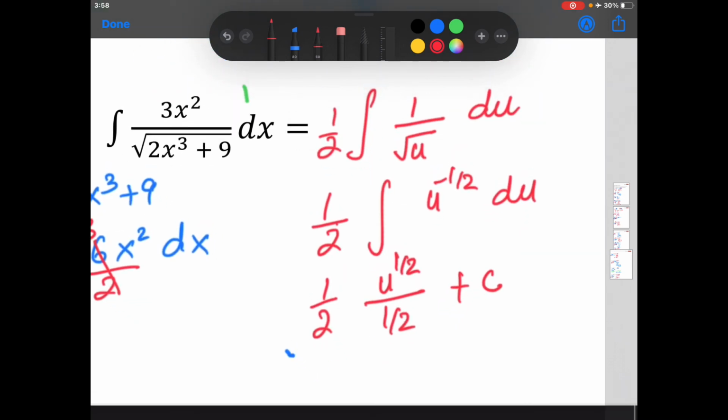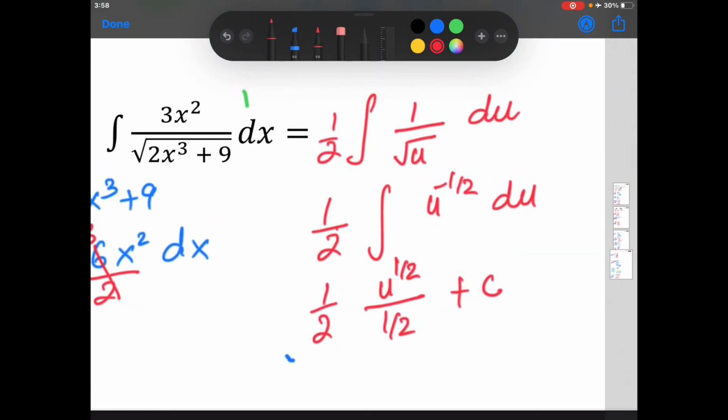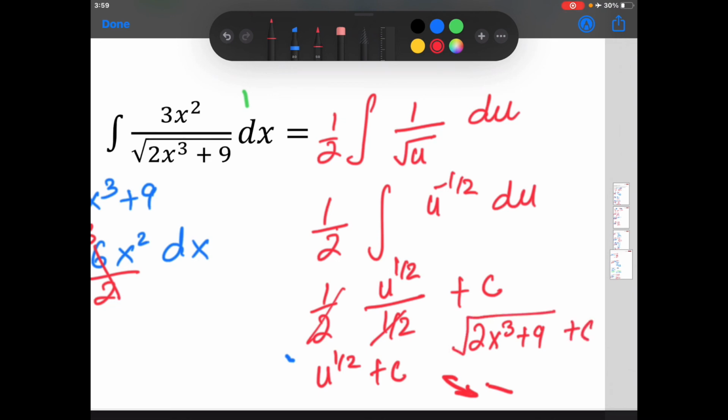Dividing by 1/2 is the same thing as multiplying by 2, so the 2's cancel out, and you're left with u to the 1/2 plus c. Substitute back your u in, and that is 2x cubed plus 9 to the 1/2, which is the same thing as the square root of 2x cubed plus 9, plus c. So that's your final answer.